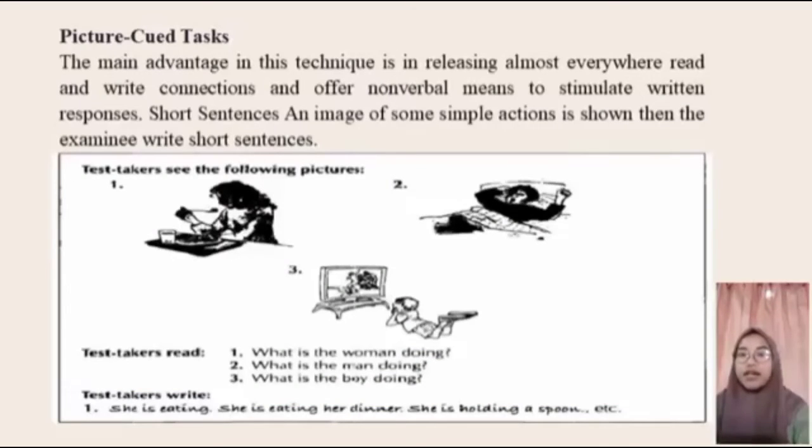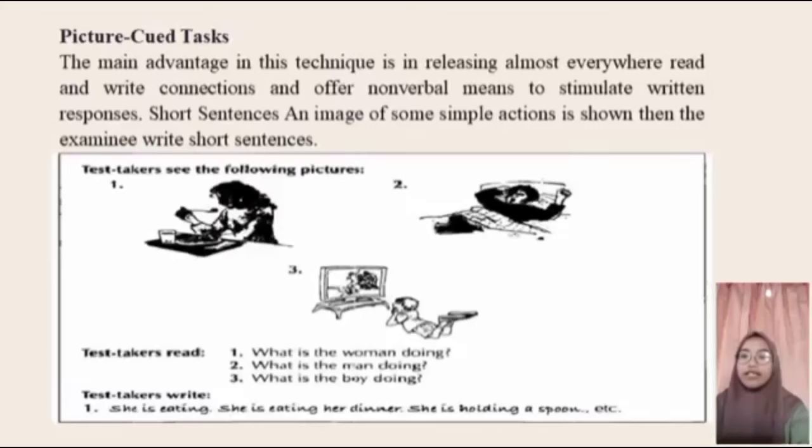Picture cue tasks. The main advantage of this technique is in realizing read and write connections and using nonverbal means to stimulate writing responses. Short sentences and images of some simple actions are shown, then test takers write short sentences.